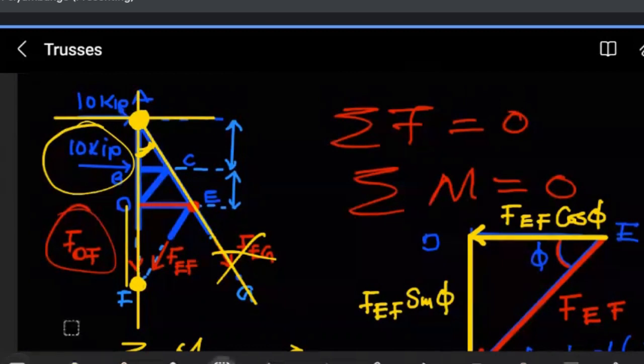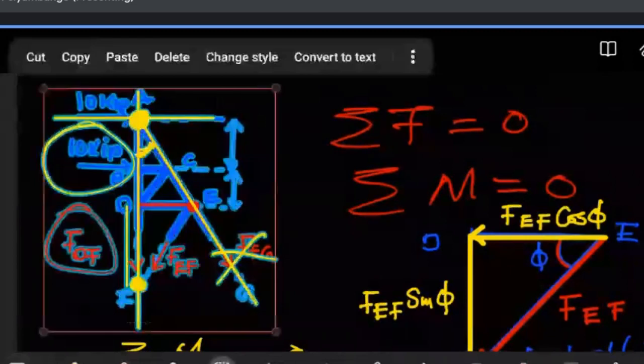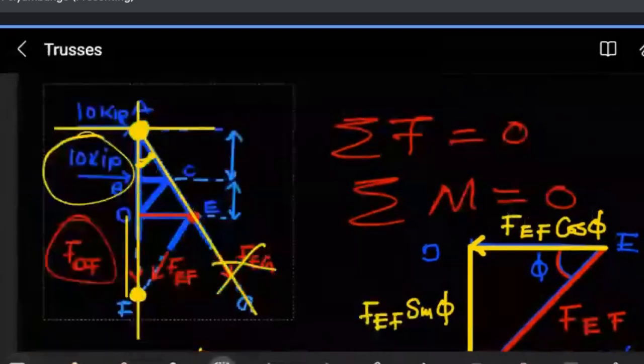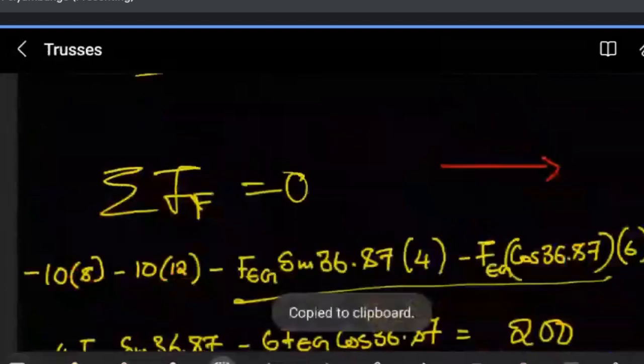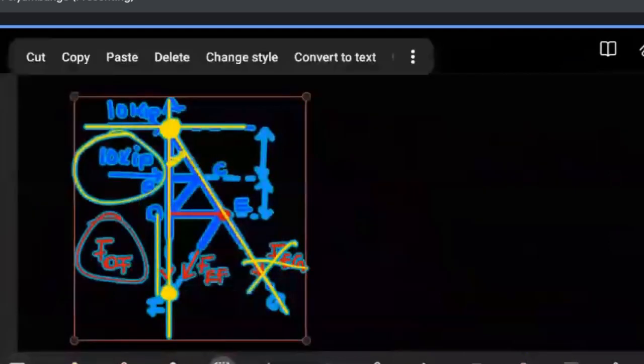Now, if we get this, and let me just copy it. What this actually shows you is that we could have easily found the force through EF without even knowing what EG and DF are, because this approach goes directly.